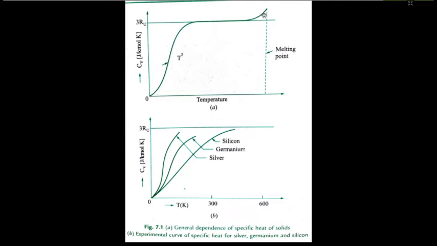So rather than 3 degrees of freedom as in a solid, when you enter the liquid you may have 5 degrees of freedom, and therefore the specific heat will shoot up. But it is not part of our syllabus, so we will not discuss too much above the melting temperature. So the Dulong-Petit law is this one, that is 3R.